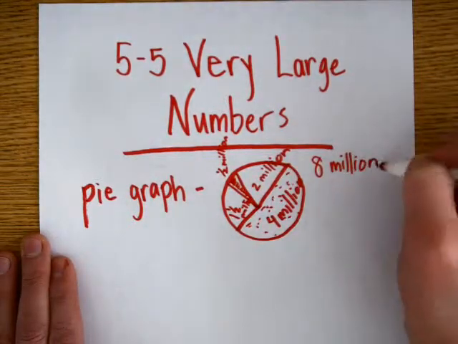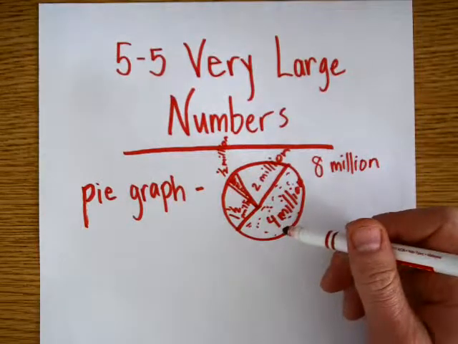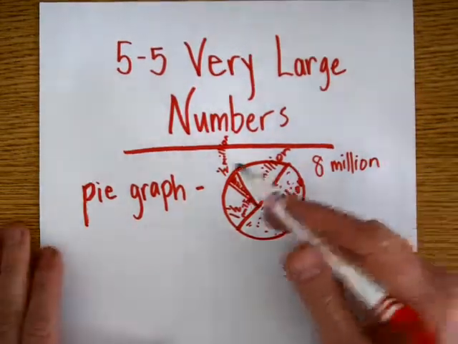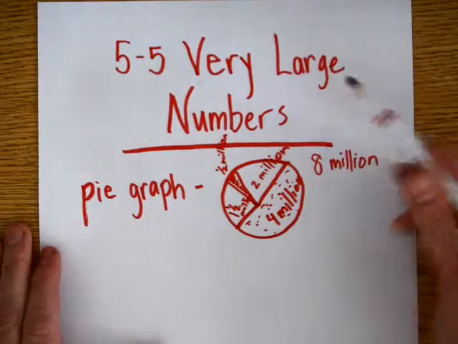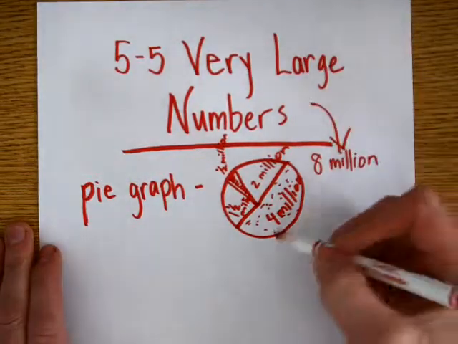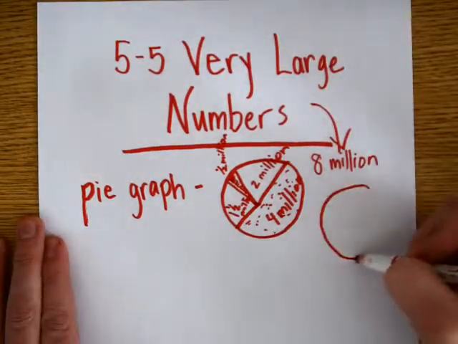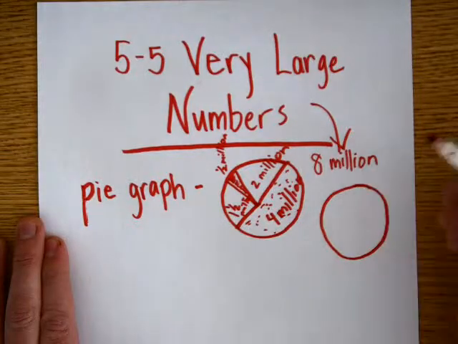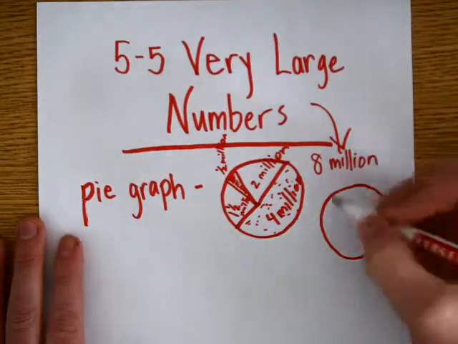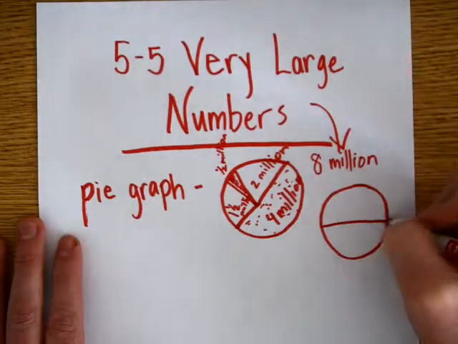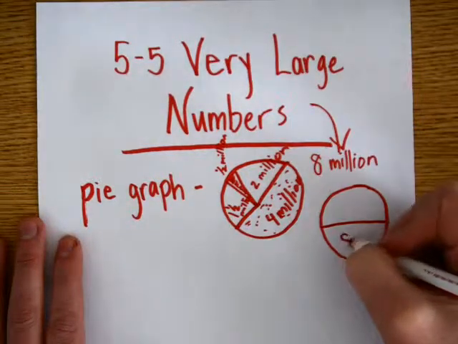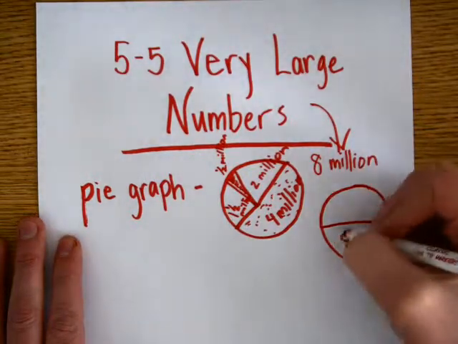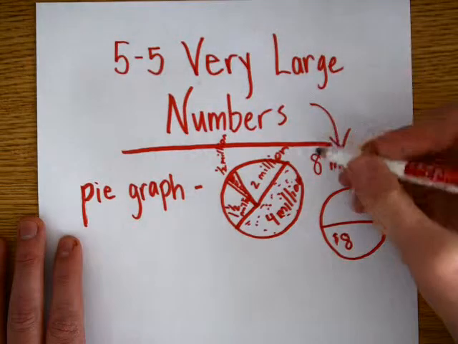Now, we're not really talking about a pie, but if we were, that's the kind of shape we're talking about. Since we're talking about large numbers, I used millions, but a lot of times you'll see a pie graph with smaller numbers, especially what you've worked with so far. You might have, say, $8. This friend has $8.